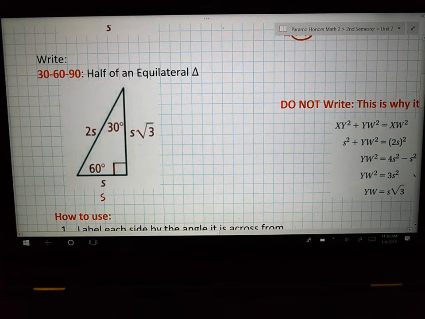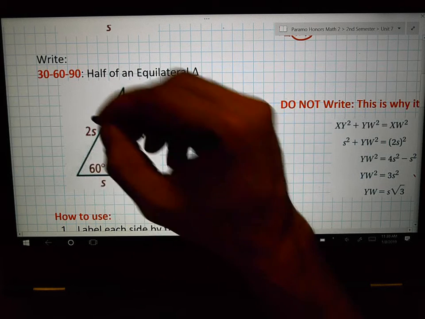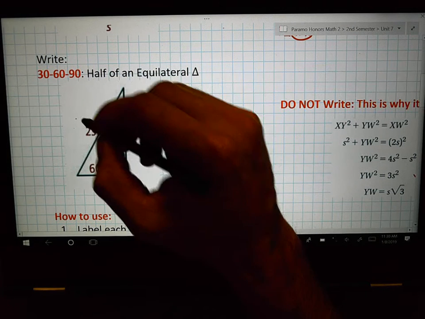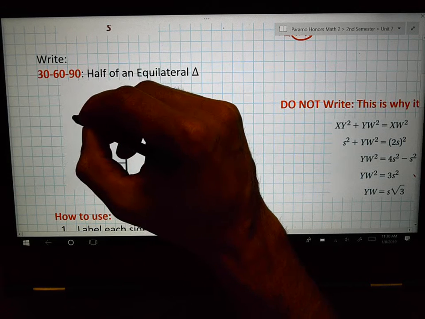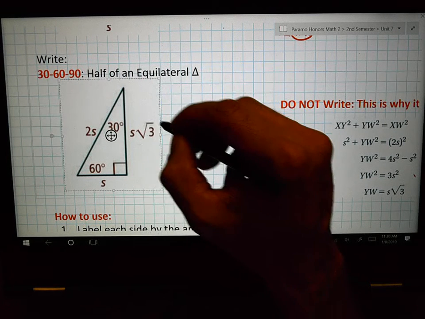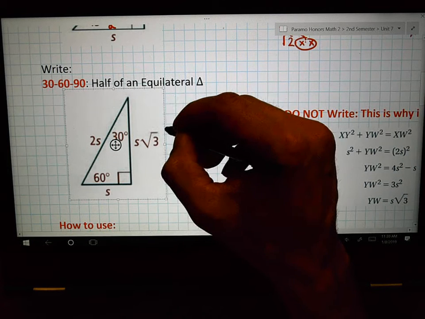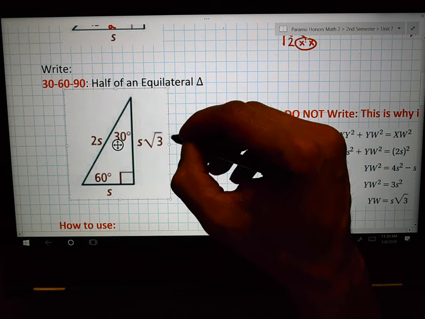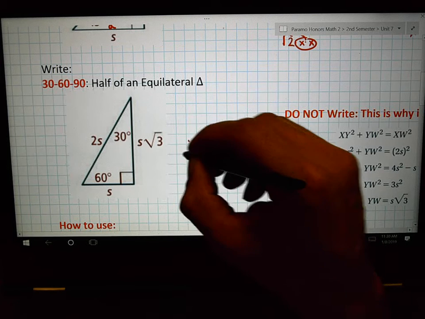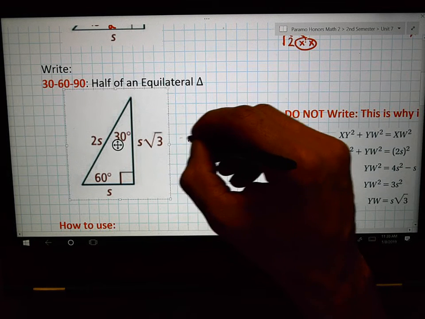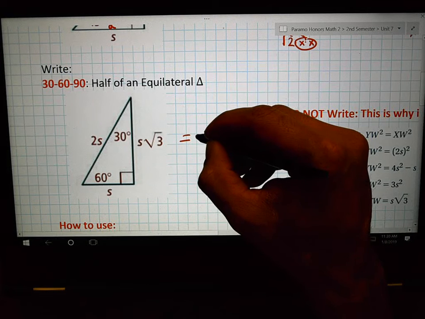The way they are going to mess with your brains is they're going to throw in something that gets really ugly. If they throw in, let's say, that this side is equal to, let's say, 10.